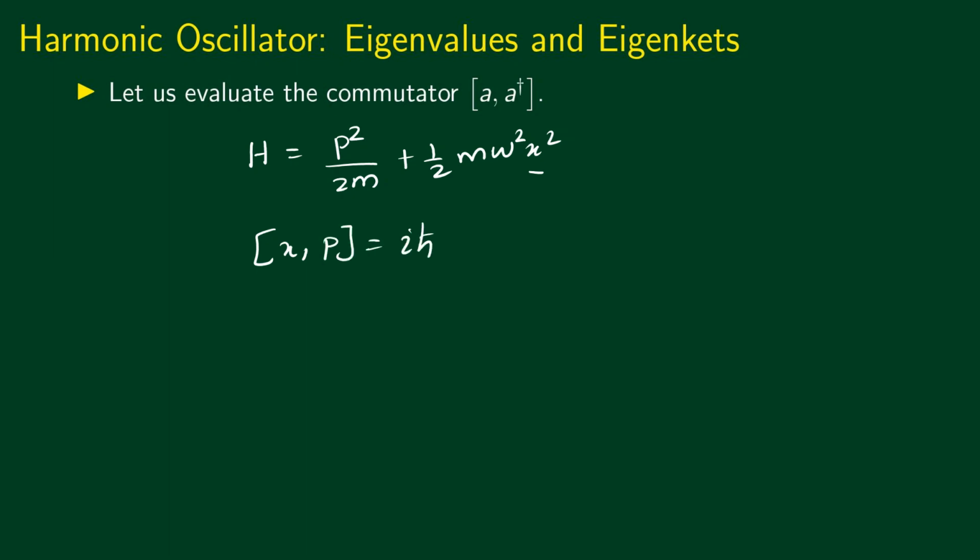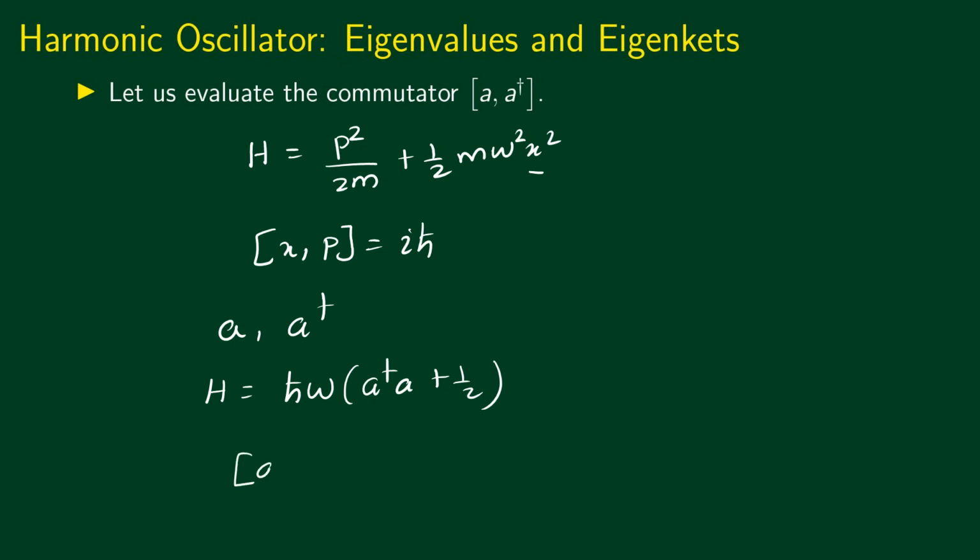Then we defined two new operators which are specific combinations of x and p. We had A and A dagger. And now we wrote the Hamiltonian in terms of A and A dagger instead of in terms of x and p. The Hamiltonian had this form: H is equal to ħω times A dagger A plus half. To understand the properties, the behavior of these operators, we need to know the commutation relation between them.